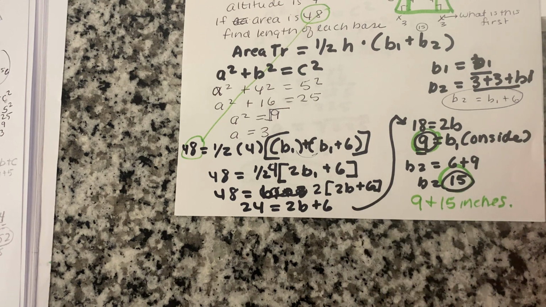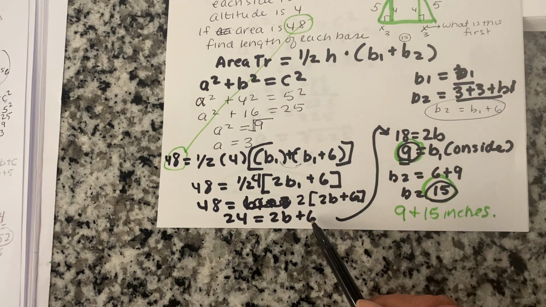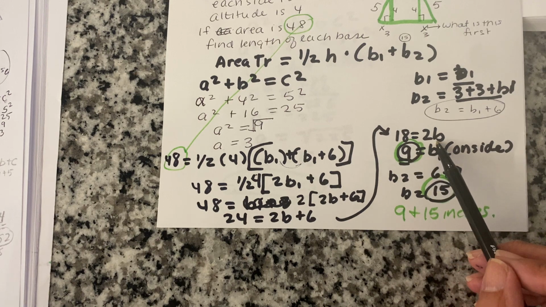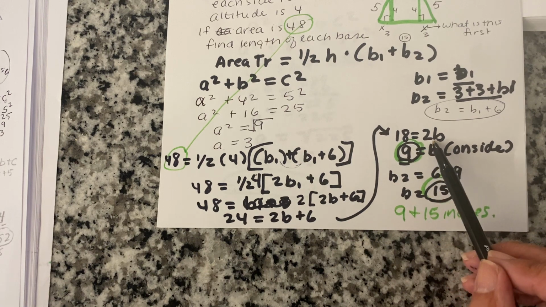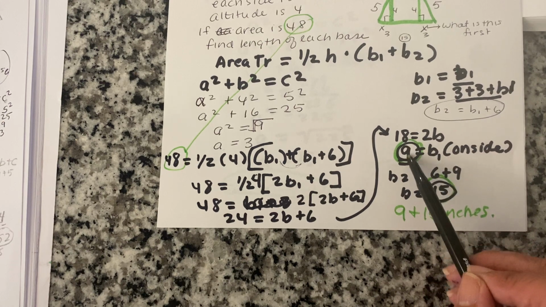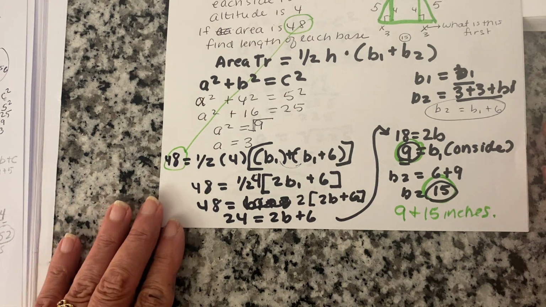We subtract the 6 from the 24 and we get 18, right? So 18 equals 2b. Divide each side by 2, and 18 divided by 2 is 9, equals b. So right away we know what one side is.